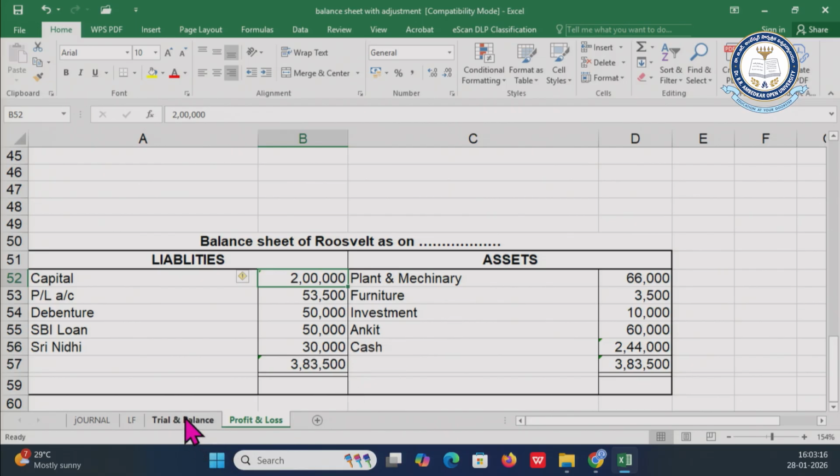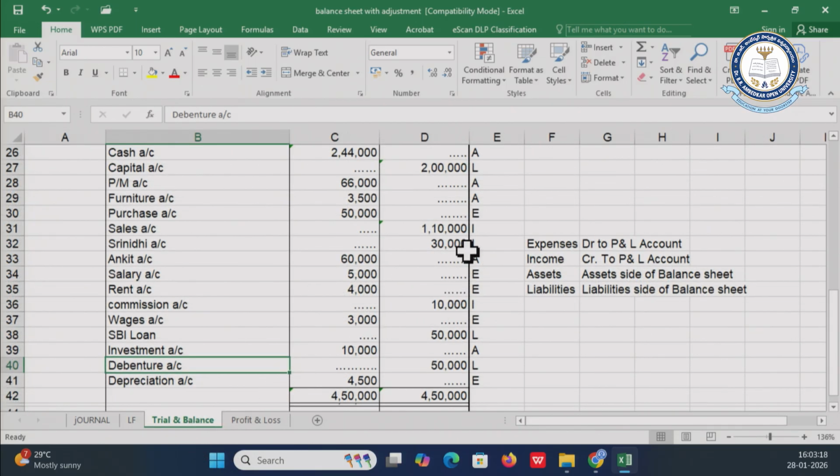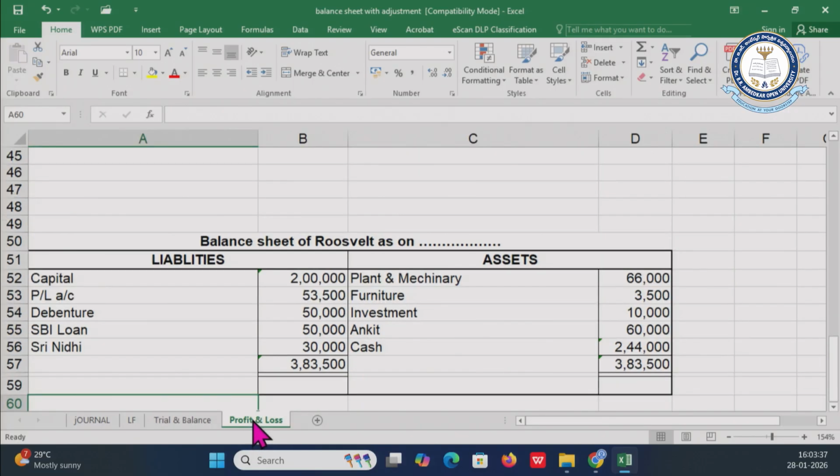Now let's look at the other items. The last category of items. Assets: number 1, that is cash. Number 2, asset plant and machinery. Number 3, asset furniture. Number 4, asset Ankit. Number 5, asset investment. All these items we bring and drop here.